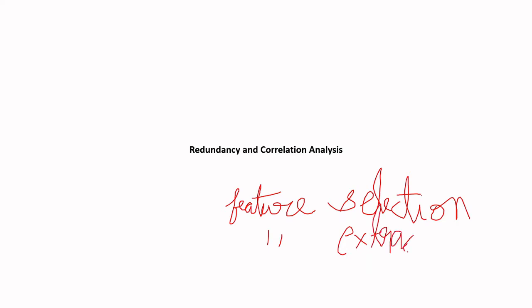Now, the difference between these two terms is this: feature selection means you have a set of features, and from among them, maybe you have a mechanism for identifying the best features and you select the topmost ones, or maybe you eliminate some of the features. If you have features, say A1, A2, etc., AN, from among them you choose some of the features.